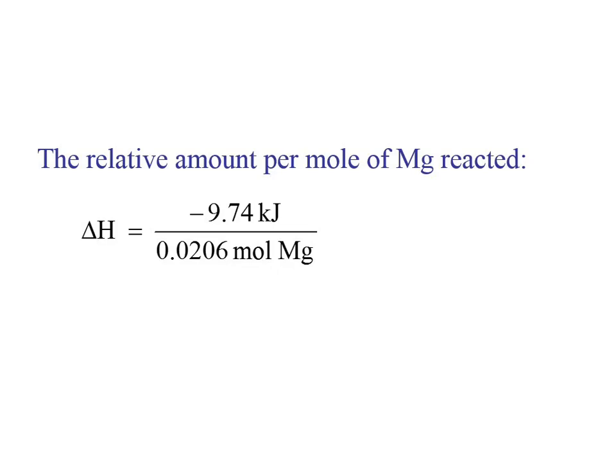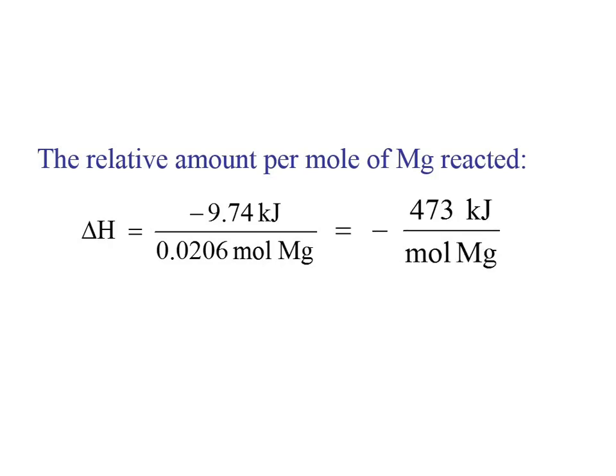I said mass, but if we divided by the mass, we'd have to use the molar mass of magnesium as the second term. But we already have the moles, 0.0206 moles of magnesium in a half a gram. So we're ready to divide out and give it 3 significant figures. And that will be our enthalpy of the reaction per mole of magnesium.